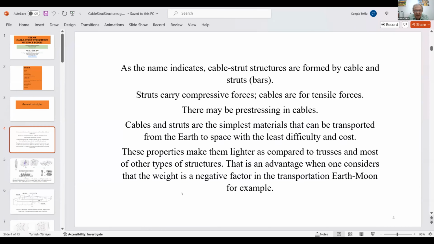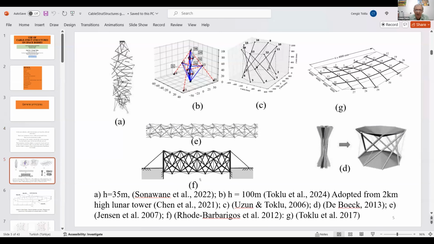There may be prestressing in cables also, etc. Now, these structures are much lighter than all other types of structures because the loads are all axial and they will be designed in such a way that the volume of material will be minimum to carry those loads. And this is, of course, a great advantage because the transportation cost for materials from Earth to Mars, Earth to Moon, or to other bodies is very important.